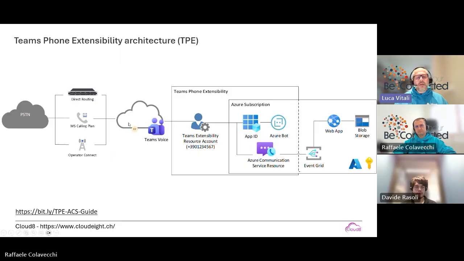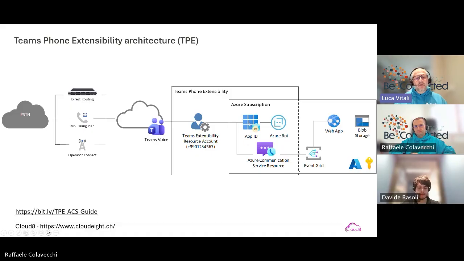So the call goes to Teams voice and is answered by the Teams extensibility resource account, a custom resource account we will see later, that is the resource account that connects Teams to the API, to Azure Bot and to Azure Communication Services.